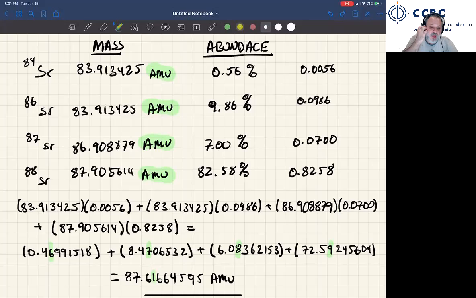The 1 is the last significant figure, so I need to round appropriately. I've got a 6 behind it, so I'm going to report my final answer as 87.62 AMU. Two decimal places is how I'm going to report the answer here. All right, guys.